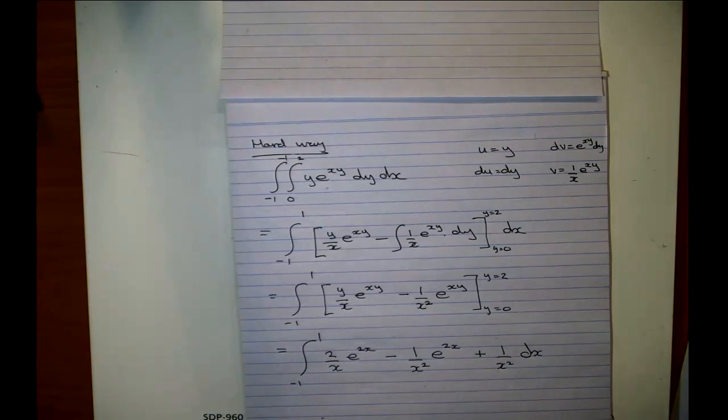I should have y on x e to the xy minus 1 on x squared e to the xy. I did it right, awesome. 0 to 2. So I should have 2 e to the 2 on x e to the 2x minus e to the 2x over x squared plus 1 on... Yeah, now have it.